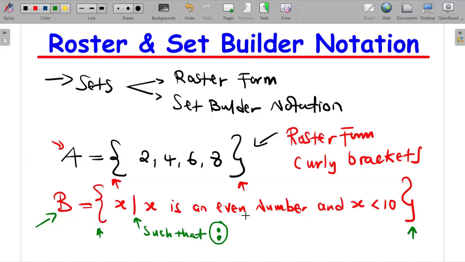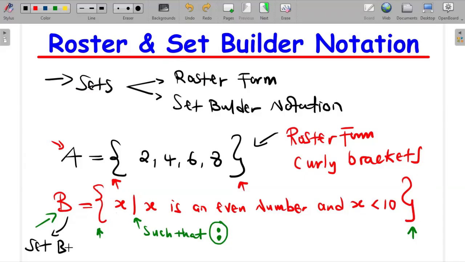Okay, and then this here is just describing what you're going to find in this particular set, which we're saying is B. So whenever you see such a notation, it is read as set B. Maybe I should write it so that it's easier for you to remember. Set B is a set of all x's. We're saying set B is a set because there are these curly brackets outside.